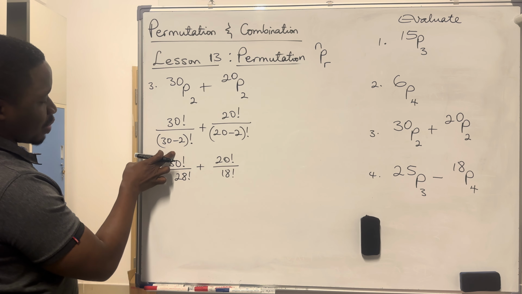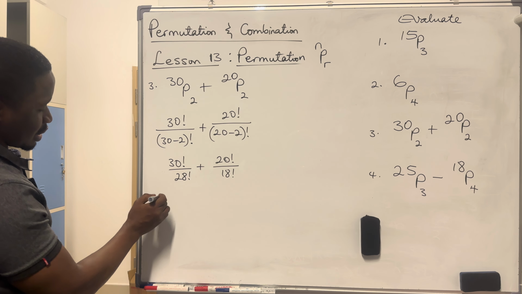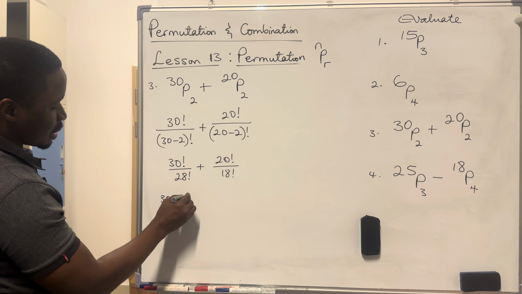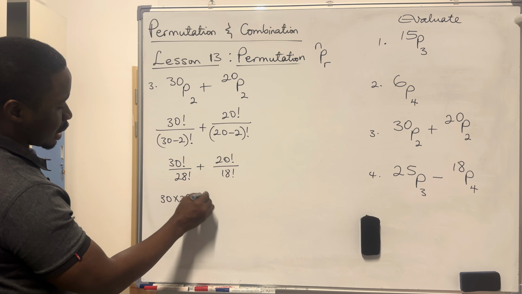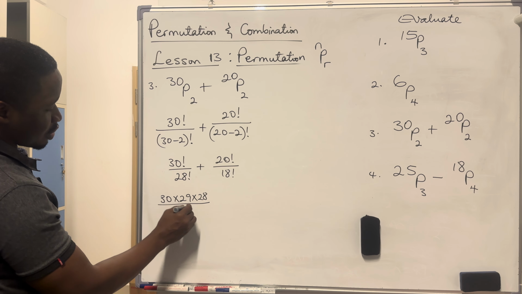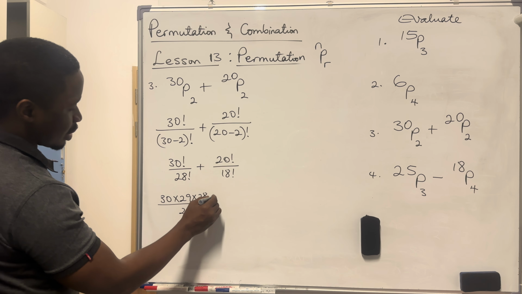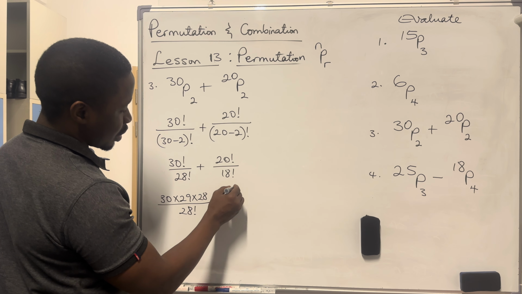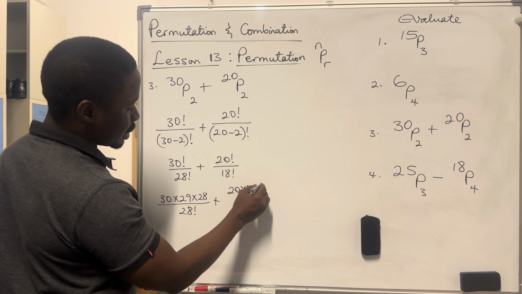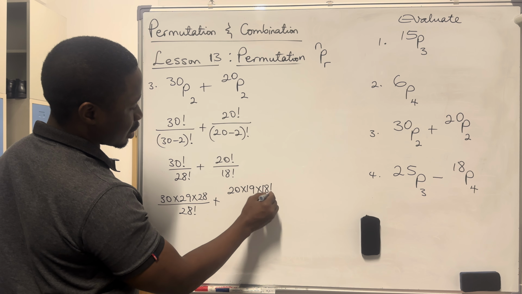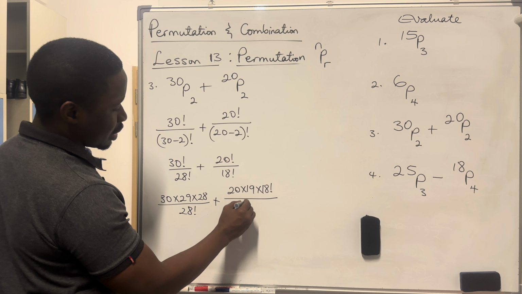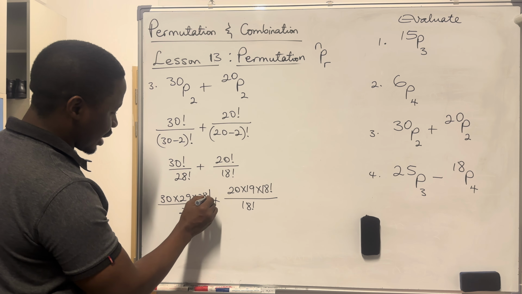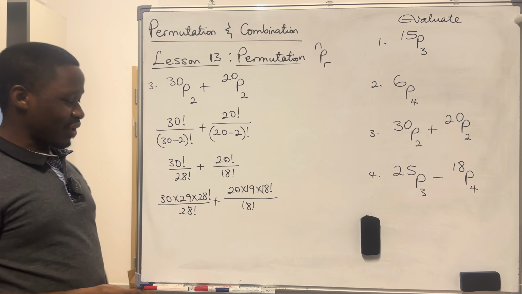We expand this until we see this. 30 factorial is 30 times 29 times 28 over 28 factorial. We expand this until we see this: 20 times 19 times 18 over 18 factorial. Don't be fast and forget to indicate the factorial.